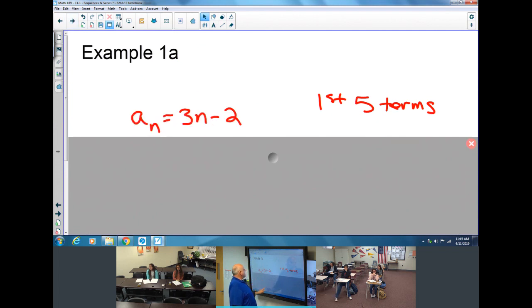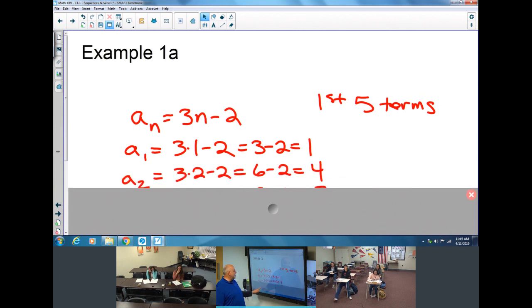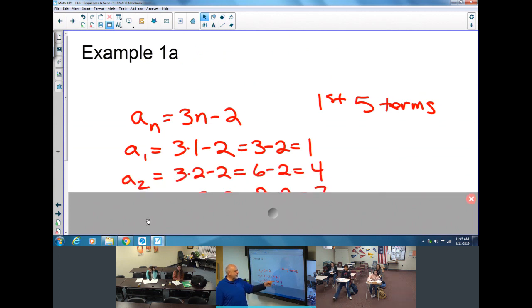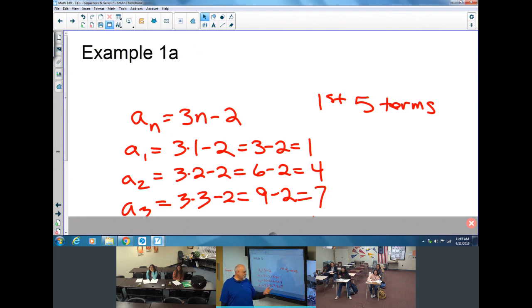So if we have a formula for a sequence of numbers, and we want to find the first 5 terms of that sequence, then we plug in 1, and we work it out and get 1, and then we plug in 2, and we work it out and get 4, and then we plug in 3, and we work it out and get 7, and then we might start seeing a pattern to say, well, it goes up by 3 each time.